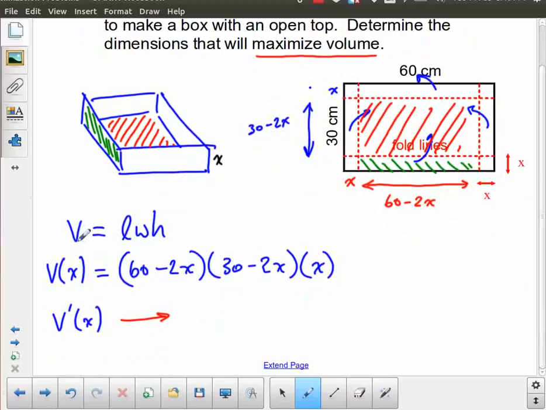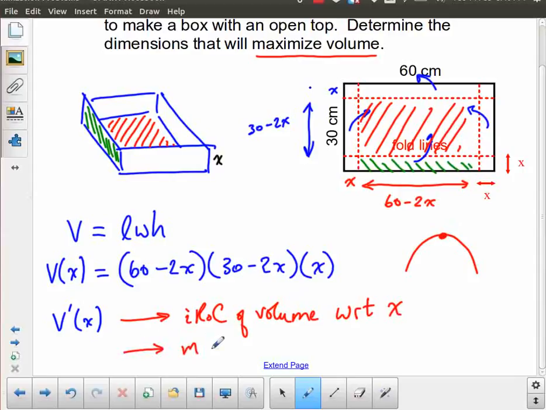So if this is the volume as a function of x, then V prime of x would be the instantaneous rate of change of volume with respect to x. And so we're looking for where the volume is going to increase, increase, increase, and eventually it will reach some maximum value, and we want to find that value. And of course, if we were looking at the graph, that is also the slope of the tangent line.